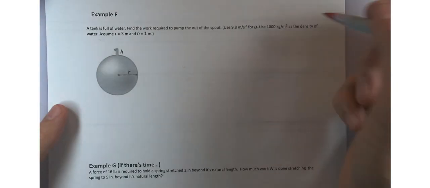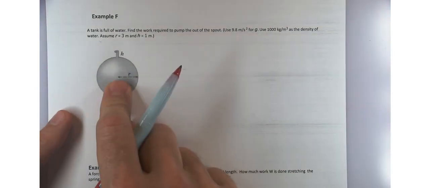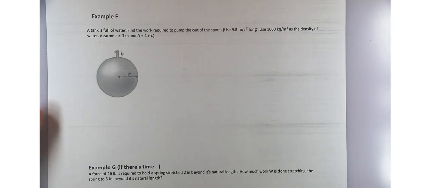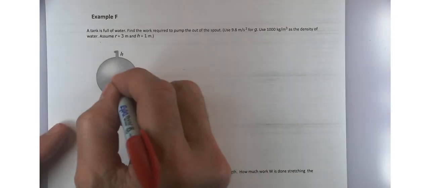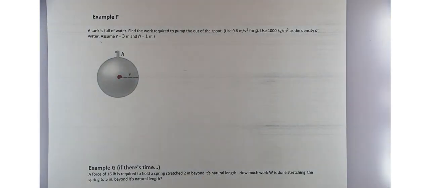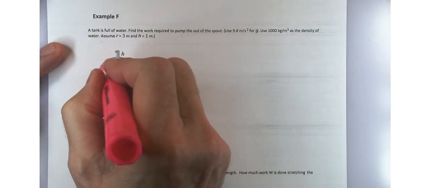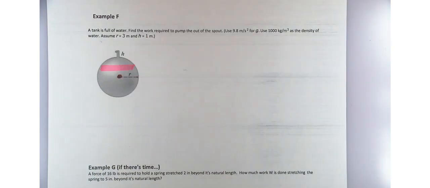Okay, let's look at this one then, and we're going to do the same thing. We're going to be taking a slice and moving it out of the tank here. Let me cut my figure through with a slice, like that. A lot of this stuff remains the same.